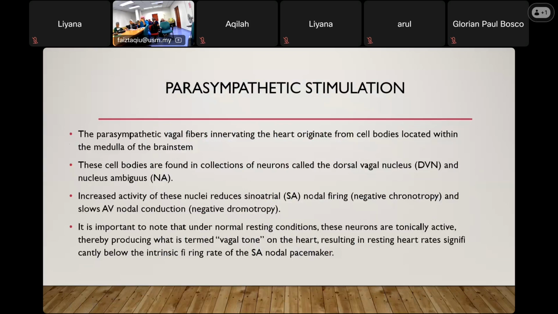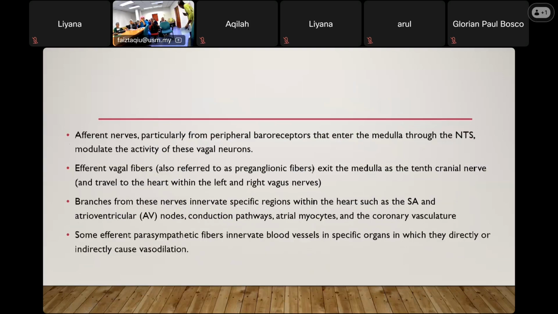Under normal resting conditions, these neurons are tonically active, thereby producing what is termed vagal tone on the heart, resulting in a resting heart rate significantly below the intrinsic firing of the SA nodal pacemaker.